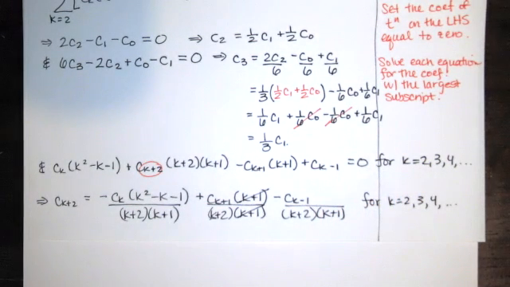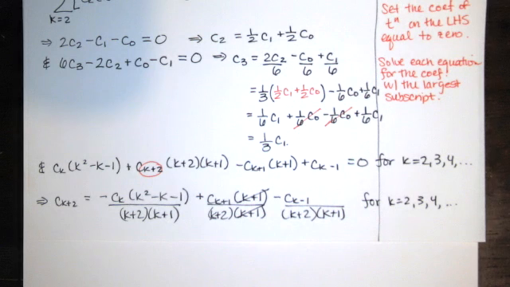Now we want 5 terms of each of those 2 linearly independent series solutions to the differential equation. And that means we're looking for 5 terms that depend on c sub 0, and 5 terms that depend on c sub 1.